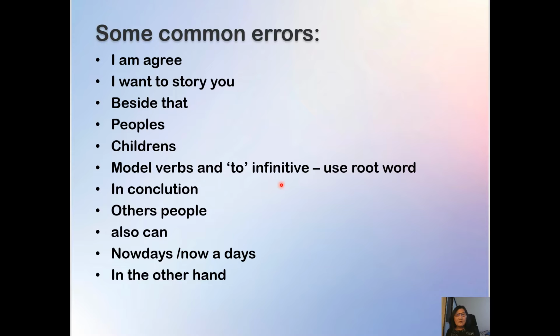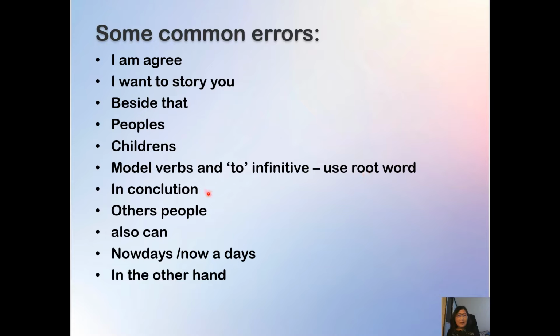The grammar rule states that when you use modal verbs or the to infinitive, what comes after that is the root verb or the base word. So meaning to say there should be no ed, no past tense, no s, or no ing for the verb to be used.